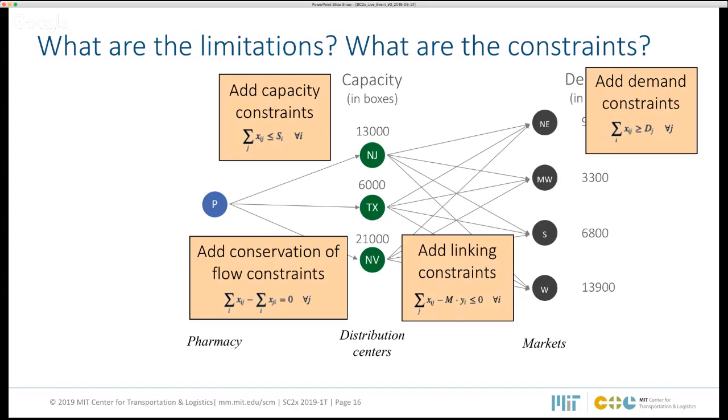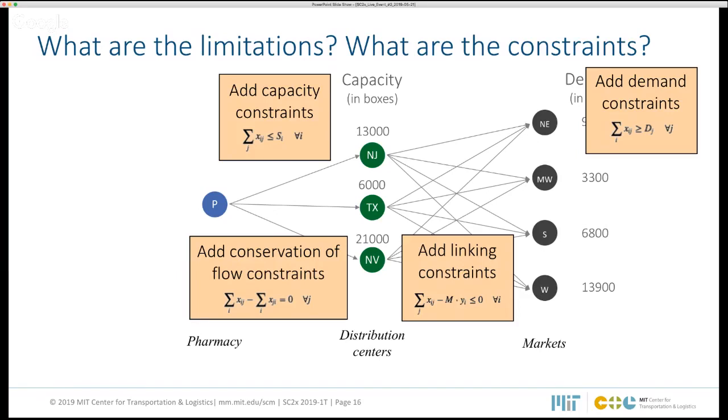The question here is, how many of these constraints do I need? You need as many as binary decision variables you have. In this case, we have 3 different binary decisions. That's why we need to incorporate 3 of these linking constraints.